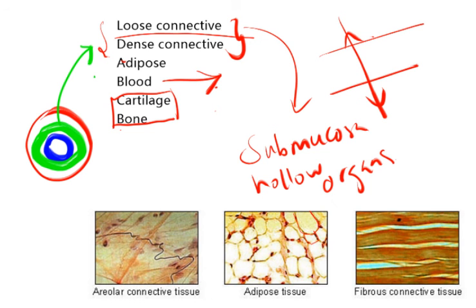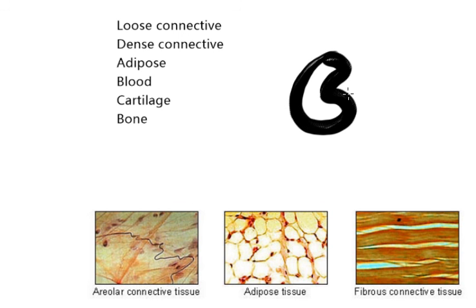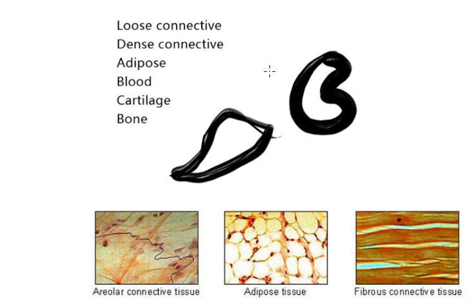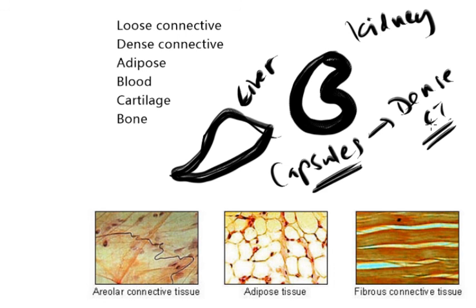And sometimes in organs, for example, let's take kidneys. These kidneys have a tough capsule surrounding them. And also let's say the liver. The liver has a tough capsule surrounding it. All these capsules of these organs are formed with dense connective tissue, right?